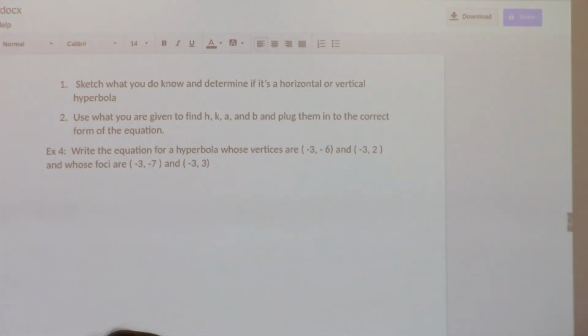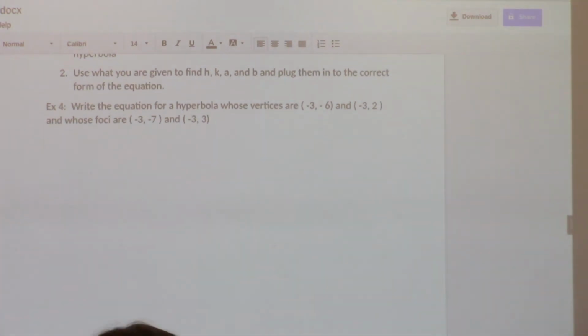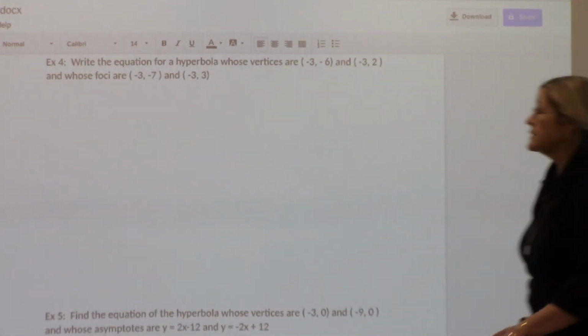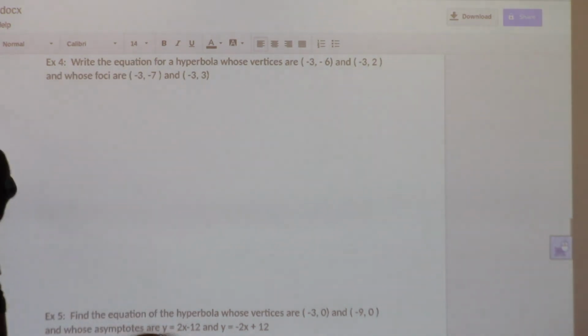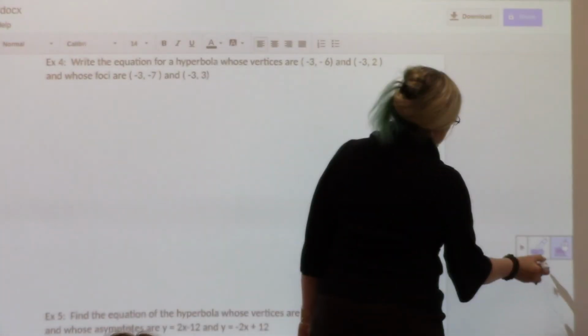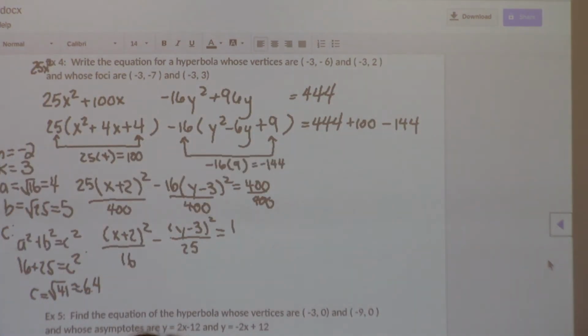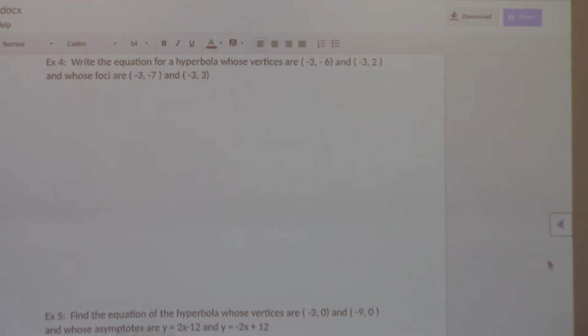So let's do this. Got to get at least one done. So we are going to sketch this. So here goes. So here's my sketch.